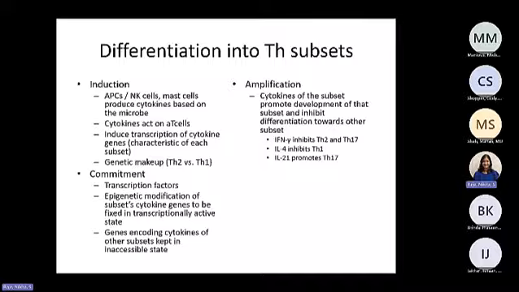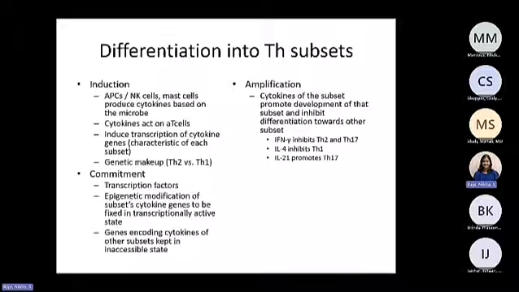But these cytokines leading to the signaling, leading to the transcription of certain genes, leads to the activated CD4 T cells becoming a particular subset. That's about that background of genetic makeup. Once they are induced to become Th1 cells or Th2 cells, they have to commit.